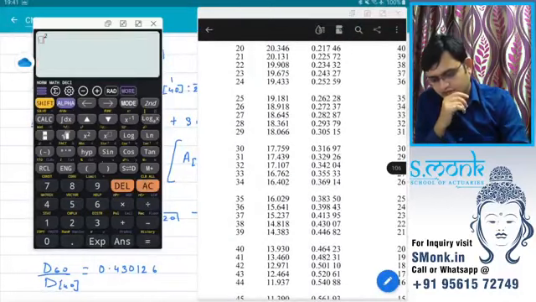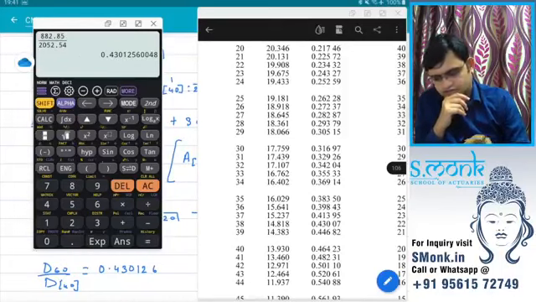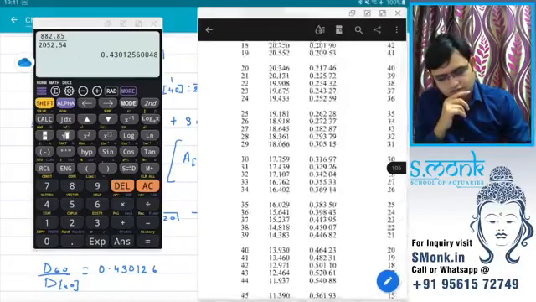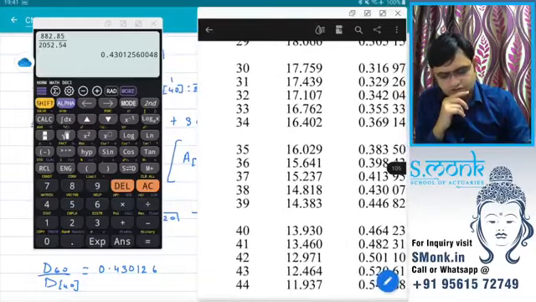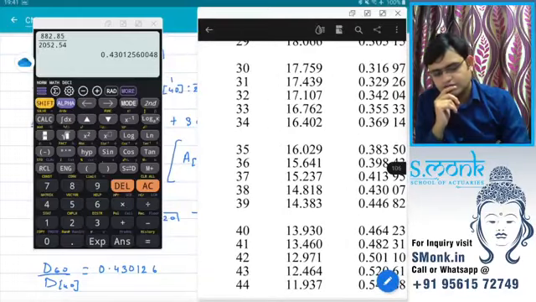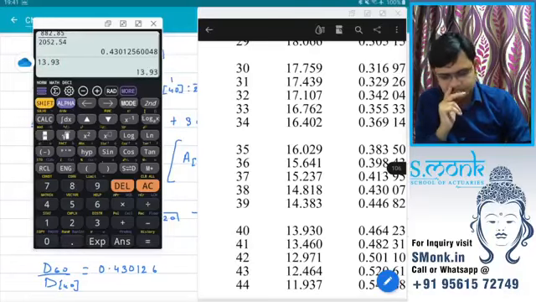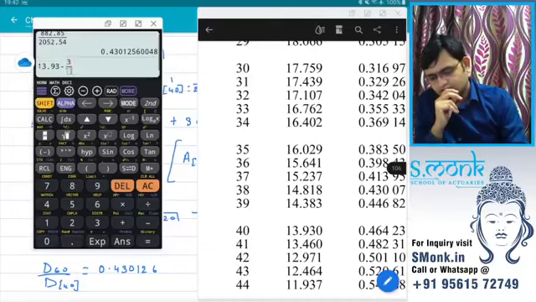Here again I will take this as answer again. Then A due 40 20 is given to us here. It is 13.93 minus 3 by 8 into 1 minus answer.